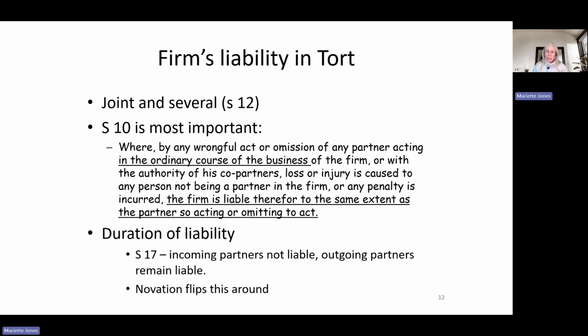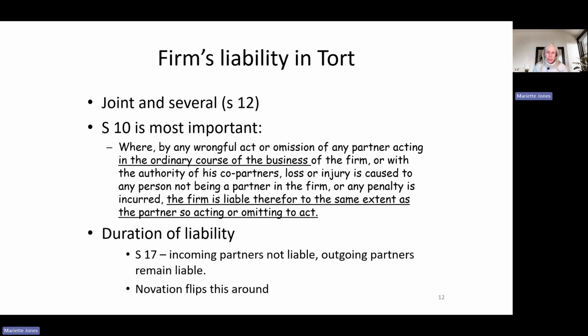So what that means, Section 12 liability, in practice is that if one partner commits a wrongful act while running the business, the person who's been harmed can choose to sue one partner, a few of them, or even all of them for the full amount of the loss suffered. It's then up to the partners themselves to work out who ultimately pays what.